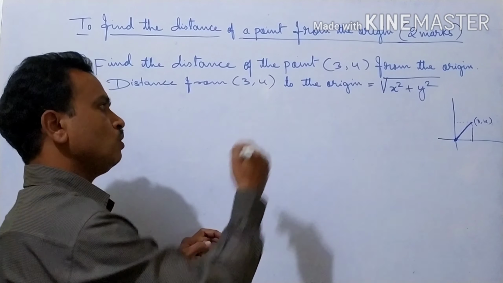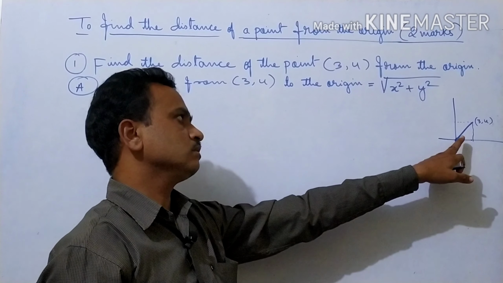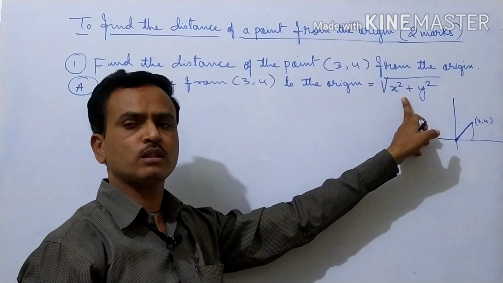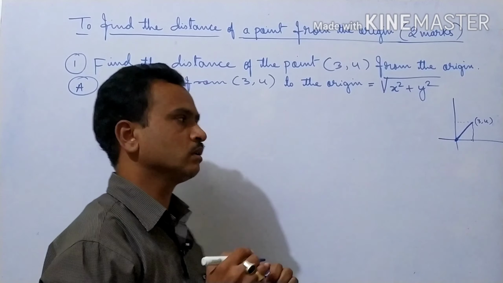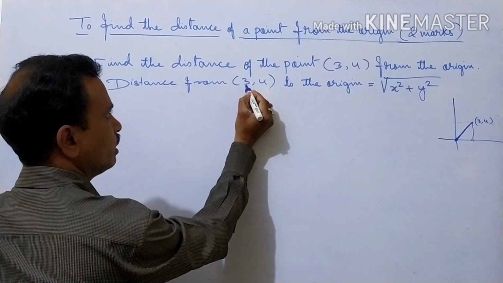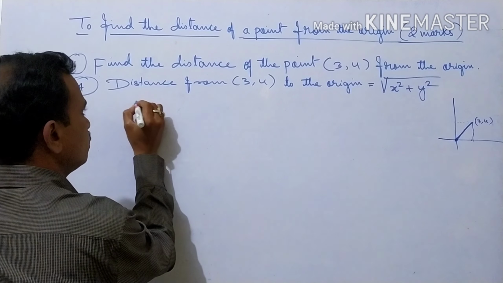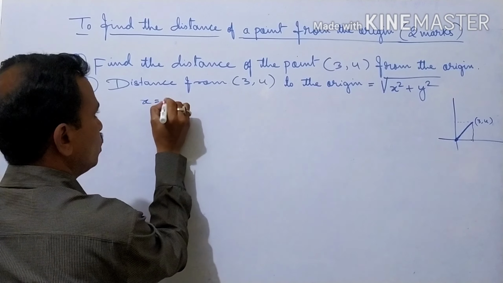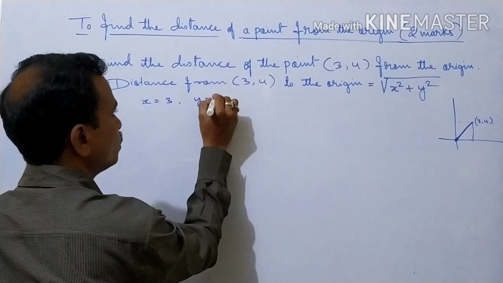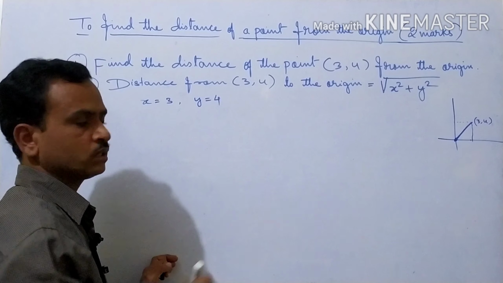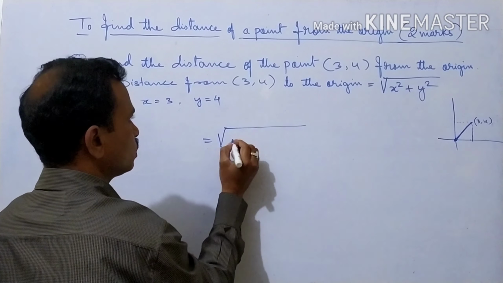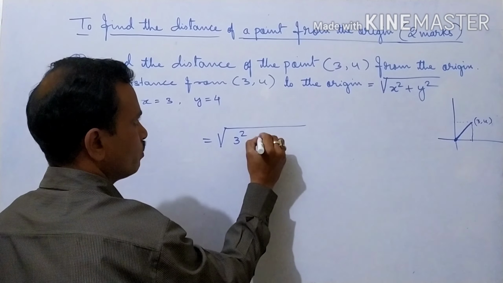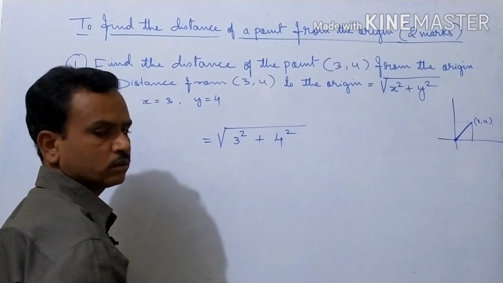Understood? To find this distance from the origin, you should remember this formula: square root of x square plus y square. Here x is equal to 3 and y is equal to 4. So square root of 3 square plus 4 square.